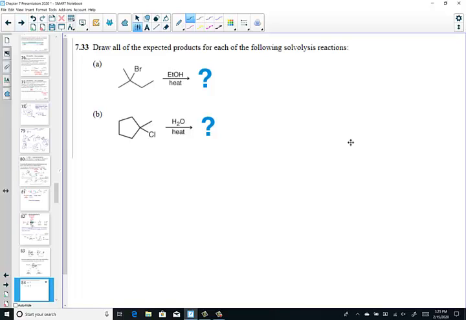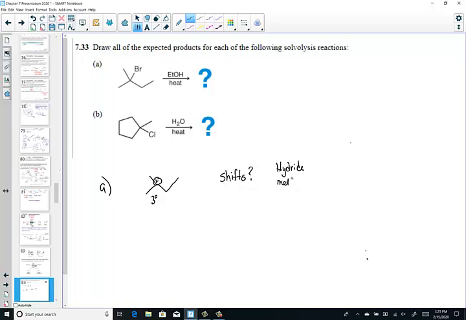Okay, well, let's see that you're back. So step number 1 in letter A, the leaving group leaves. And when it does so, it forms a tertiary carbocation. Now, I always like to have the carbocation, and I want to make sure that if I have to predict shifts, I do so right away, before I go on and start to draw products. What I mean by a shift is, do we have a hydride shift or a methyl shift, something where we turn a secondary into a tertiary carbocation if possible.